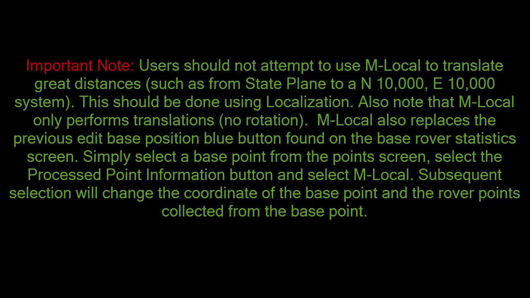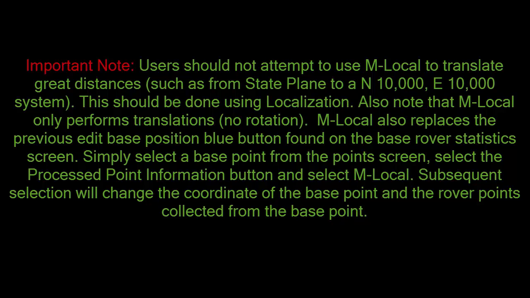Mlocal replaces the previous edit base position blue button that we used to have in the base rover statistics screen. Now you can just select a base point from the points screen, select the post-processed information button as we just did, and then select mlocal and edit the coordinates in that way.